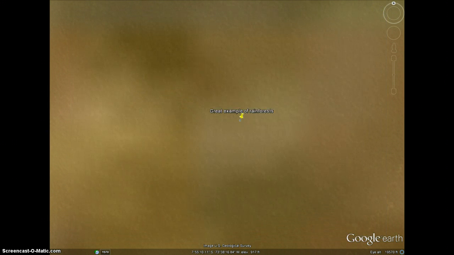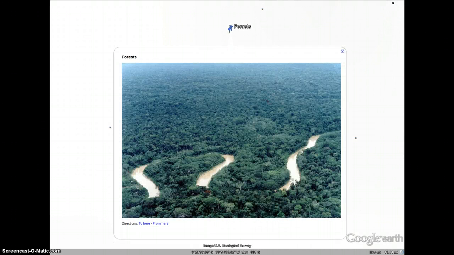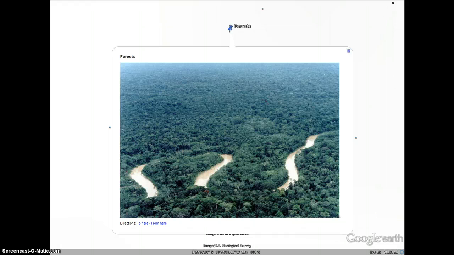I think you were right on with what it would look like. Let's see one more example. Here we go. Yep, you were exactly right. You remembered what we learned about the different ecosystems, that a rainforest has lots of rain and lots of trees.